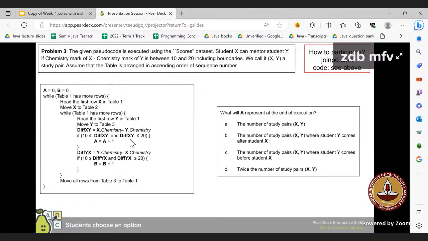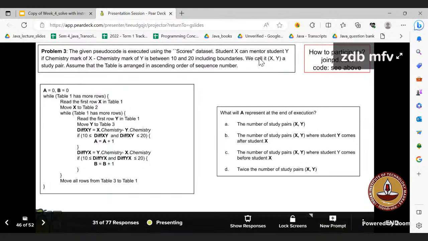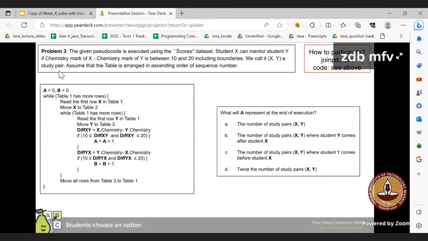So that's what is given in the question. If the difference is between 10 and 20, then we are calling X and Y a study pair, right? Yes, ma'am. So X and Y is a study pair. The difference in X and Y marks should be between 10 and 20, but it is not mentioned. Okay, so that's why a will be counting the number of study pairs.